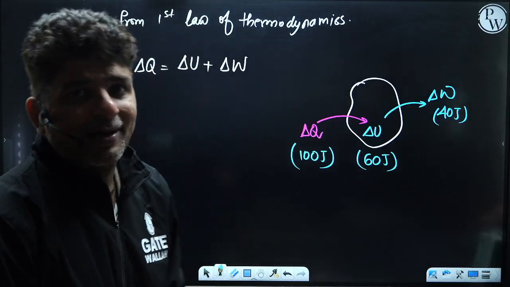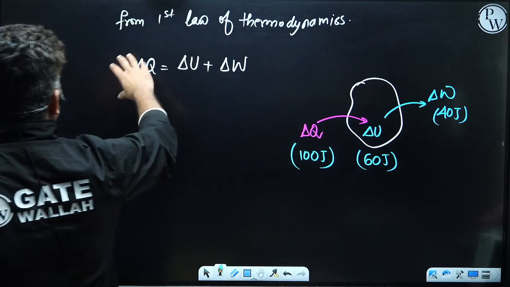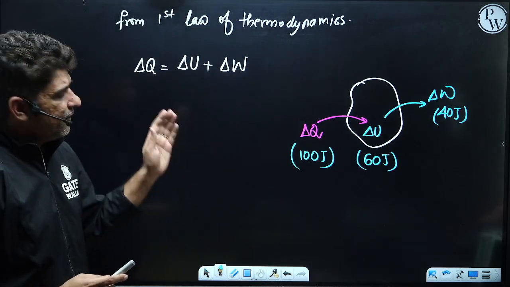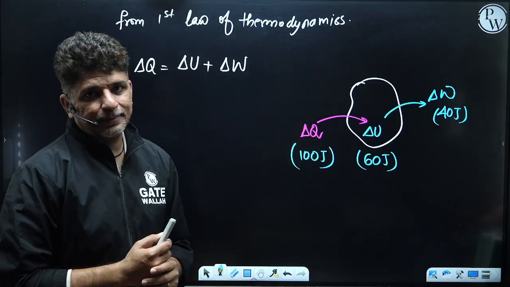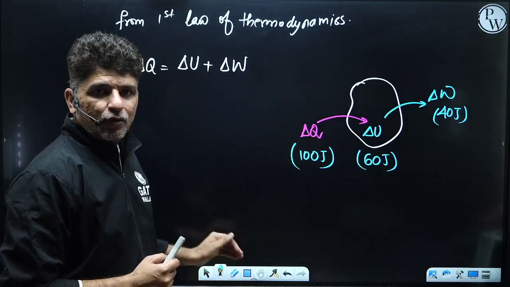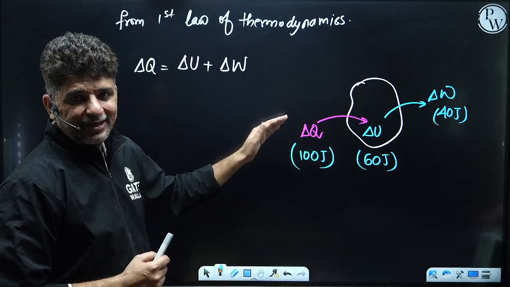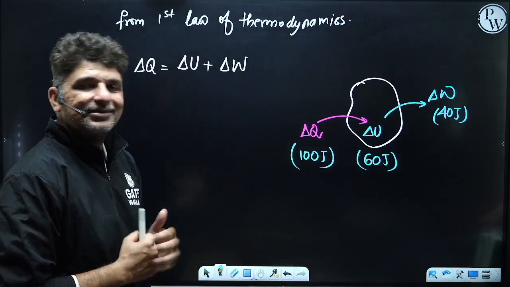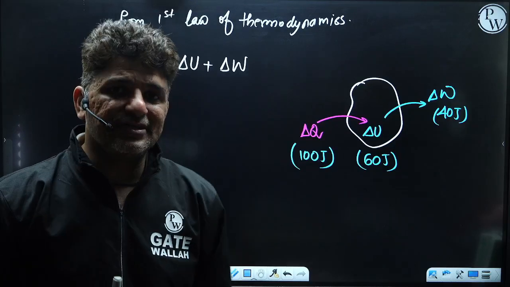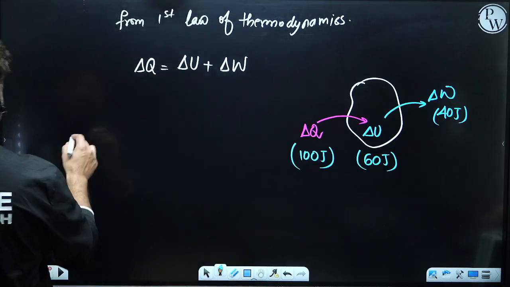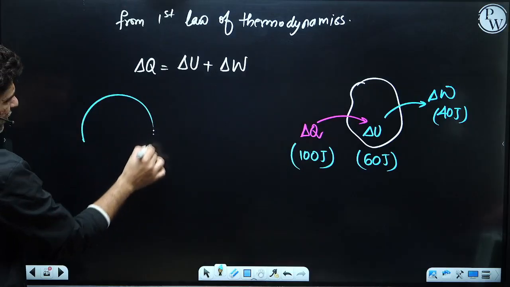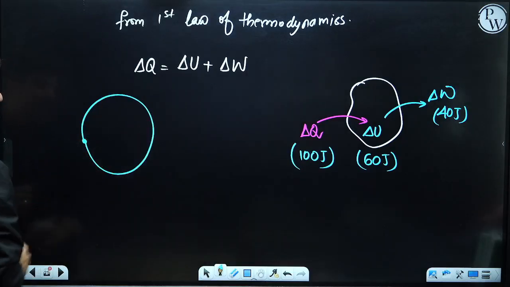Okay. Let's say the same rule applies to the 4 processes that we are seeing. 1, 2, 3, 4. Isentropic compression, heat added, isentropic expansion, heat rejection. When these 4 processes happen, your cycle would move from one location and come to the last location over here.